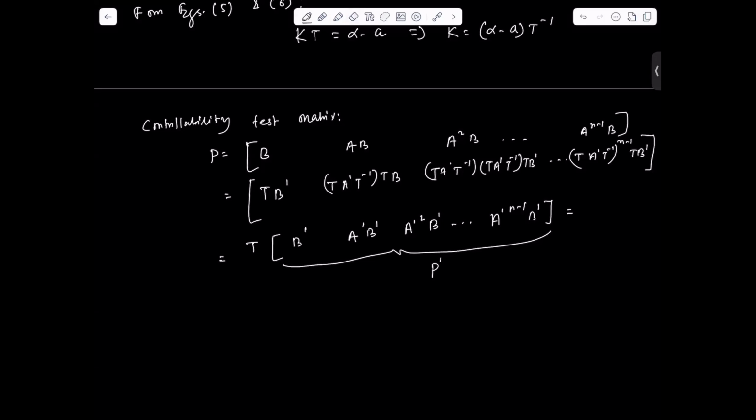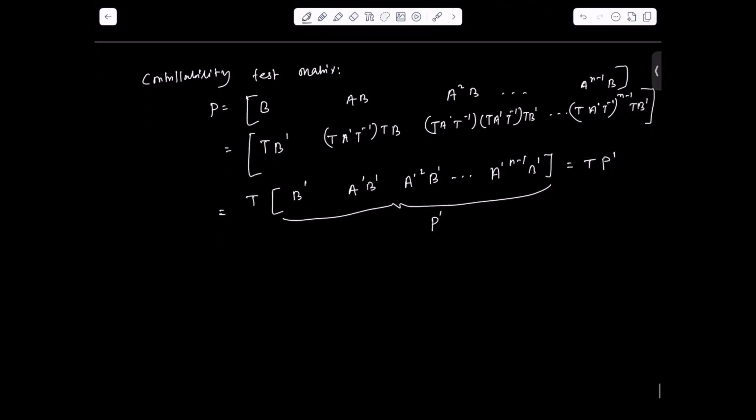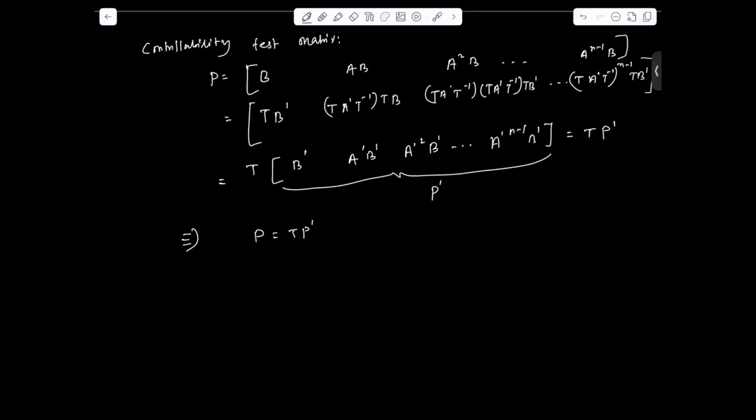So we can write T P dash, right? So what is the takeaway from this? We can write P equal to T P dash. Now pre-multiply, we are trying to get the simplified form.